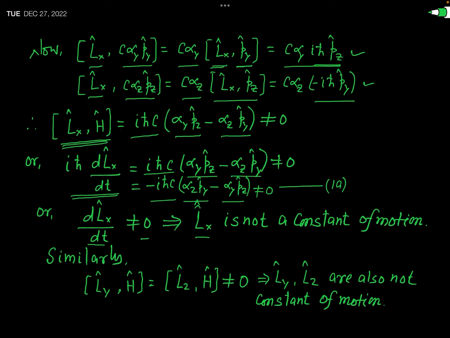In fact, in a similar manner, when you take the y and z components of angular momentum, then along the same lines you can prove that the commutators of Ly hat with H hat, and Lz hat with H hat, are not equal to 0.